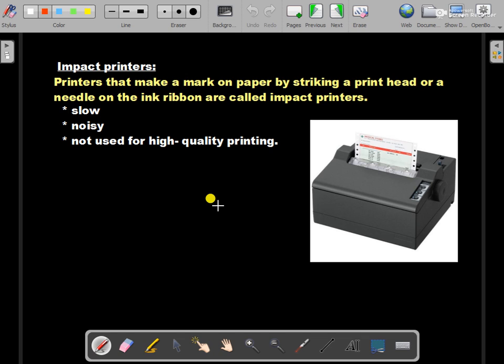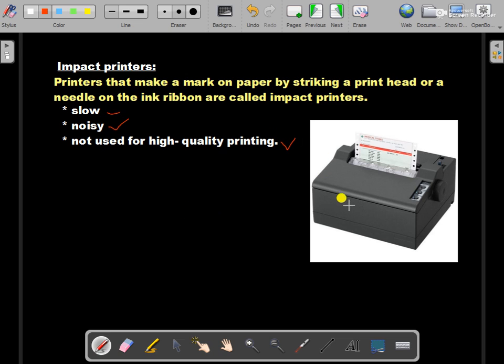It has some properties. Generally, impact printers are slow, noisy and not used for high quality printing.